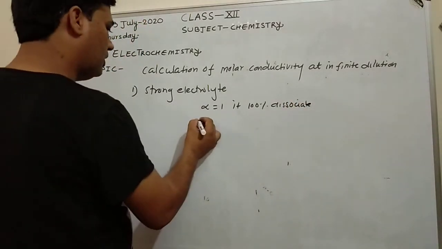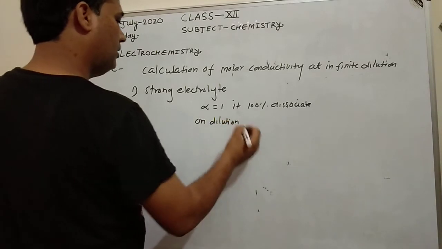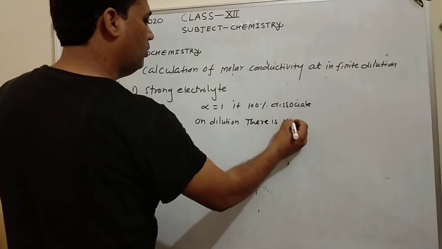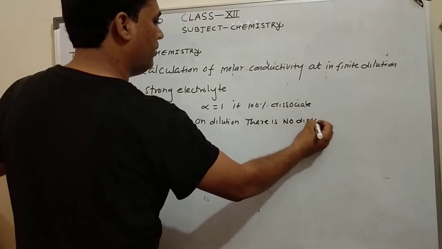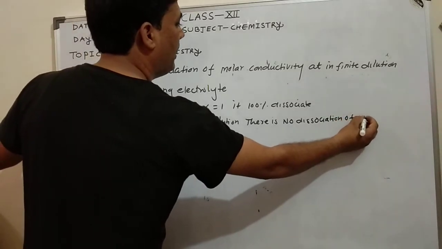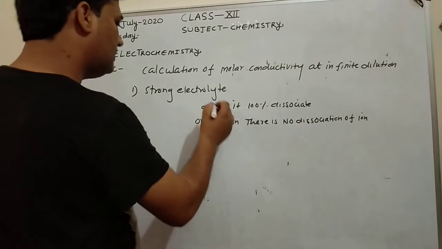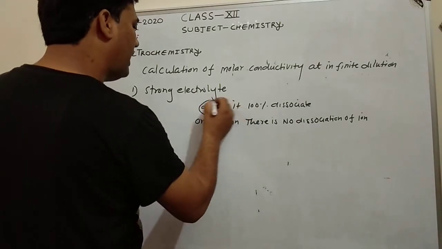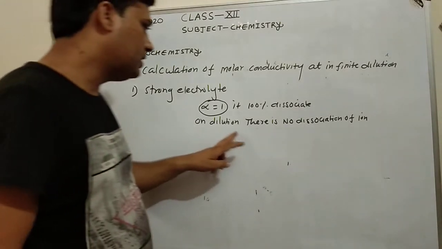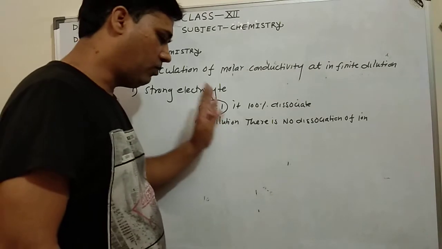So on dilution, there is no dissociation of ions. That is, the number of ions does not increase because for a strong electrolyte alpha is equal to 1. So there is no further dissociation on dilution, on addition of water.